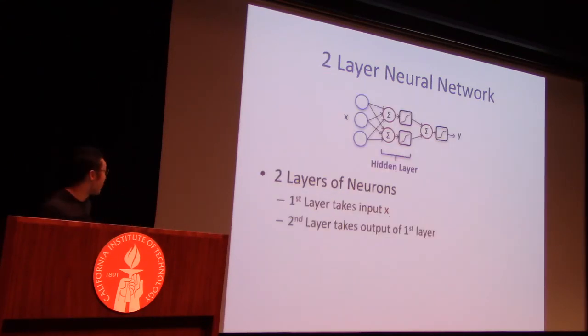Here's a two-layer neuron, right? So we have two layers of neurons, right? So each individual neuron you can think of as logistic regression. Although if you use a different transfer function, it will no longer be logistic regression. But let's say you can think of each individual neuron as logistic regression. And then this neuron is going to take the outputs of the previous neurons and sum them up and do a nonlinear transform on them and spit out.